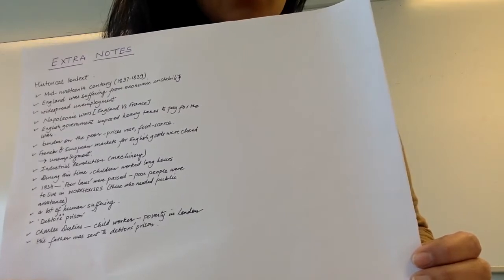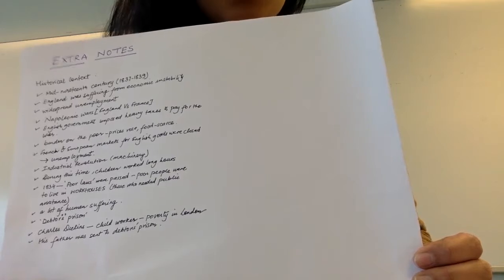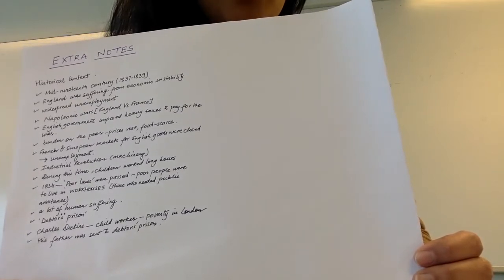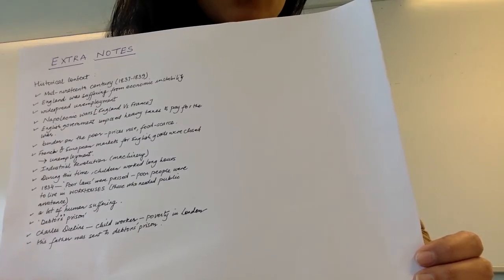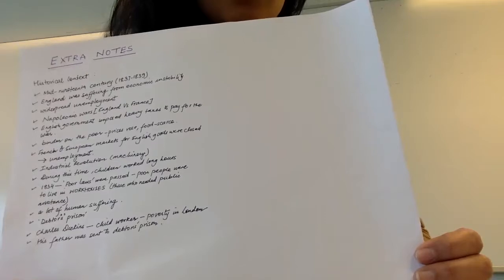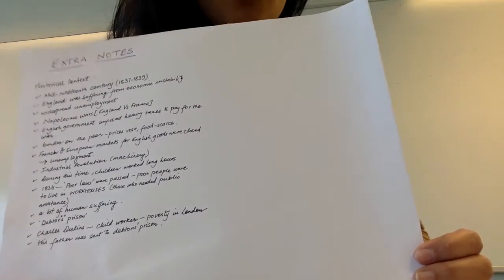At that time, England was suffering from economic instability, which means that it was a poor country. All right. There was widespread unemployment. People didn't have jobs. And this was because of the wars that England and France waged with each other. And the English government, after the wars were over, imposed heavy taxes to pay for the war.